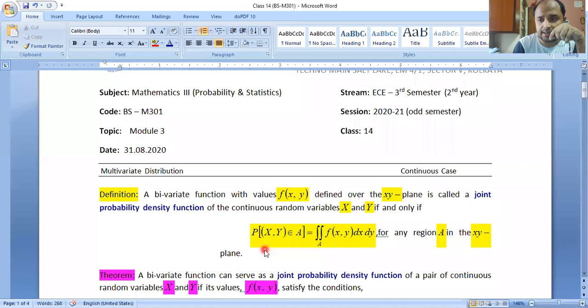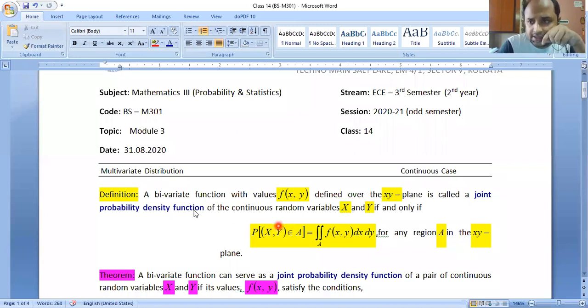Here I shall be discussing problems of a mathematical or analytical type, but I shall not be able to give you a real life application corresponding to this chapter. I have looked for such problems in the books, and none of them have discussed application oriented problems, just like we used to do in probability class. I have not found any yet. So I shall be discussing a pure mathematical problem in today's class.